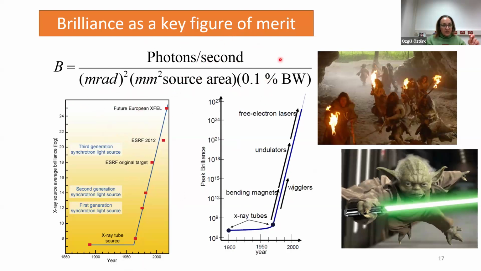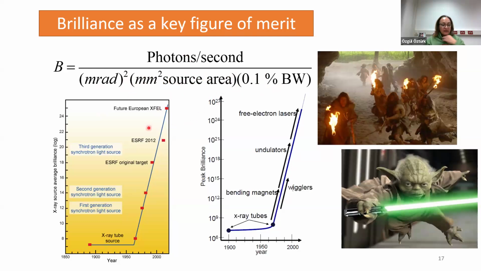As you see in the formula, the numerator is simply photons per second, and in the denominator we normalize by the beam divergence in milliradians squared, the effective source area in millimeters squared, and the spectral bandwidth.